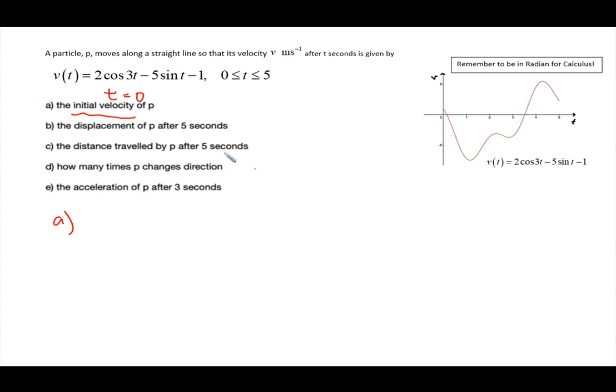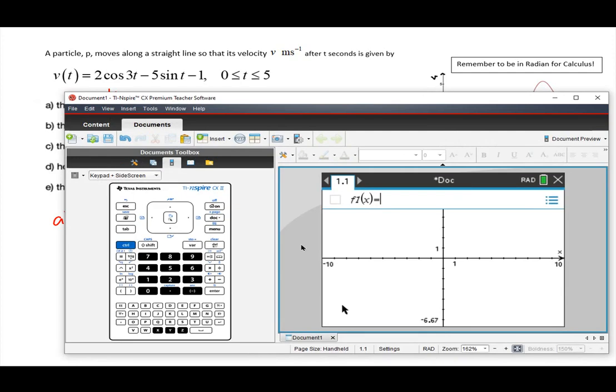Since I'm probably going to need to graph this for the other parts of the question anyway, I'm just going to graph this on my Inspire. Go to a blank graph. Make sure you are in radian mode. You should always be in radian mode when you're working with calculus problems, especially when they have a sine, cos, or tan in the function.